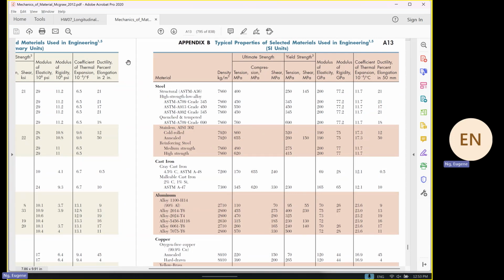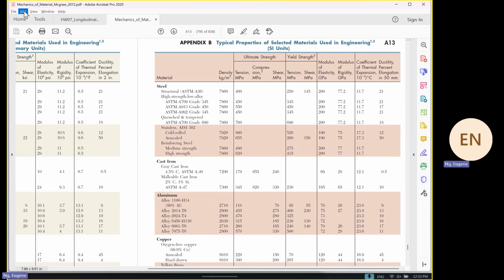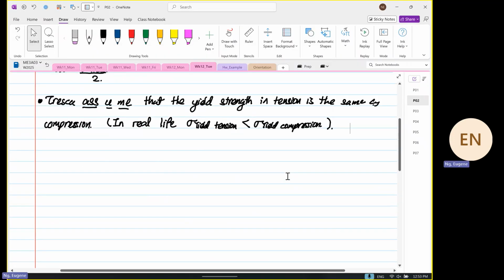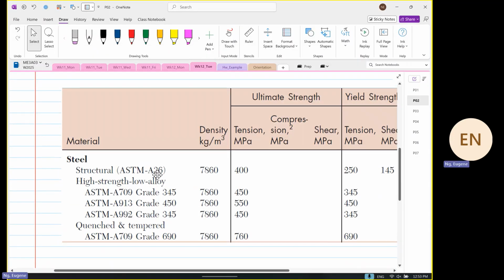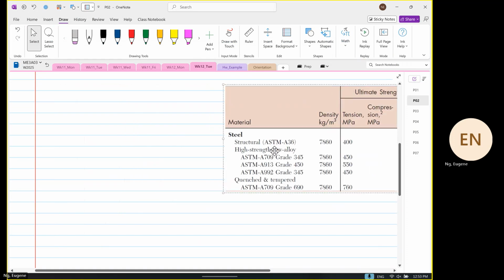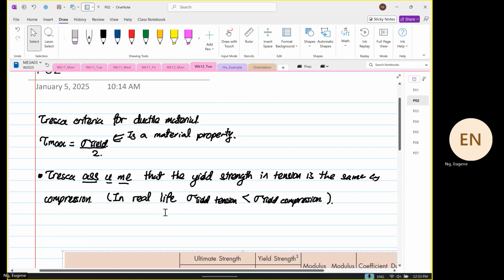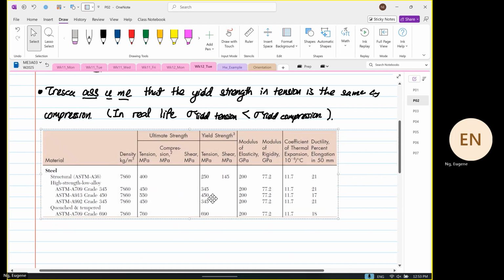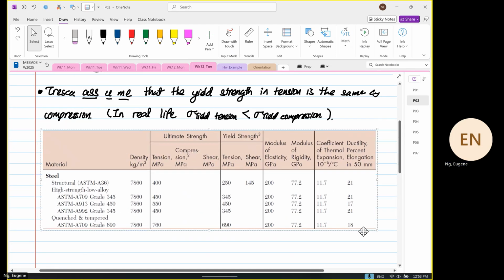So if I'm going to copy a section from here, and we have a table like this.